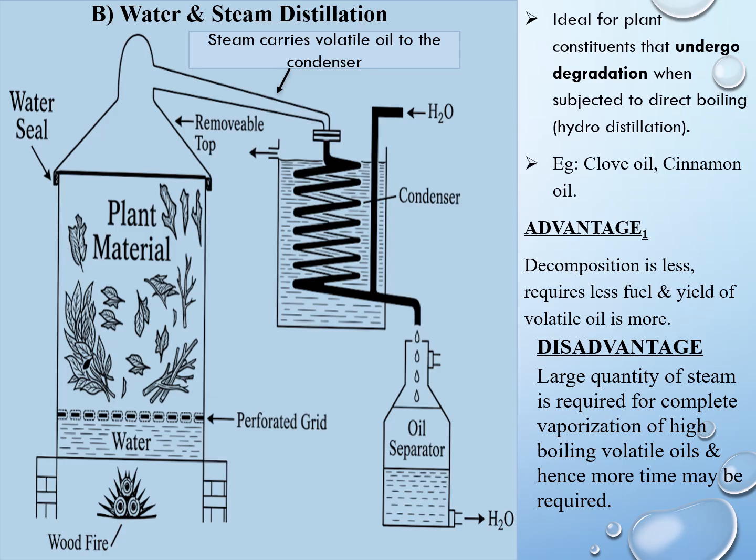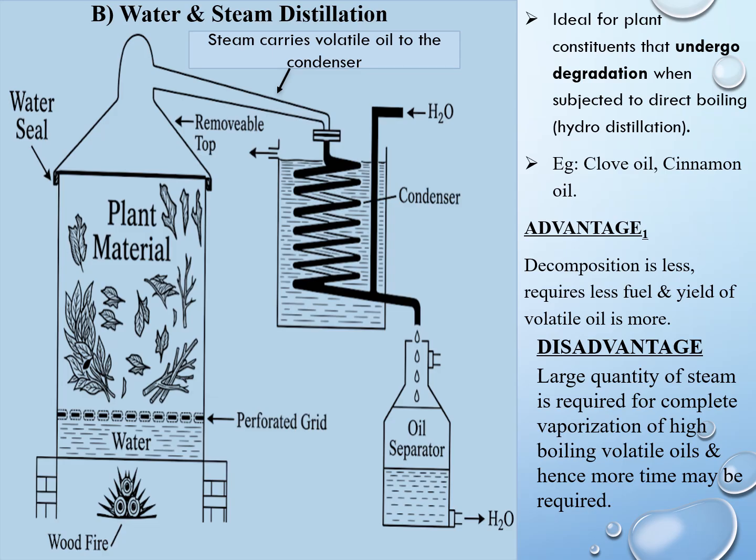But there are certain exceptions like cinnamon oil. It is heavier than water. So what happens if the oil is heavier? The oil part will be at the bottom of the separator, whereas the water will be on the top of the separator. Anyway, we will get the oil as well as water in two separate layers and they can be easily separated.